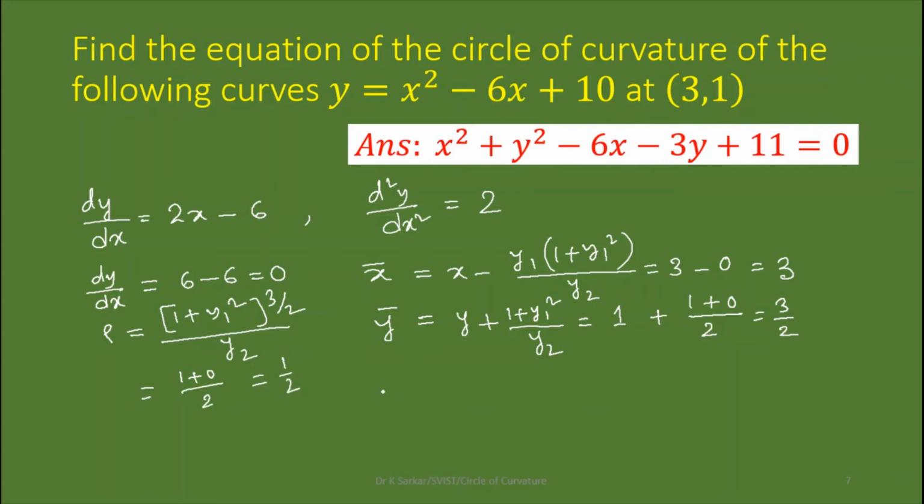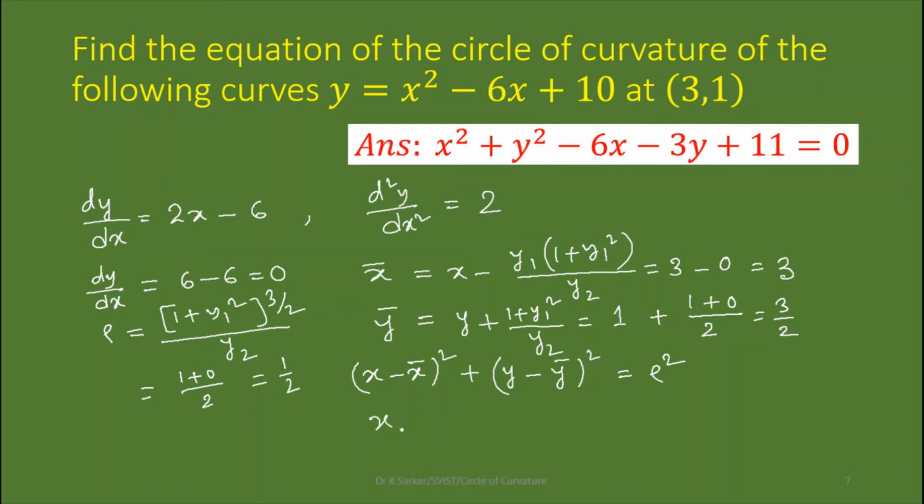Now let us put in the equation of the circle of curvature: (x minus x bar) whole square plus (y minus y bar) whole square equals rho square.